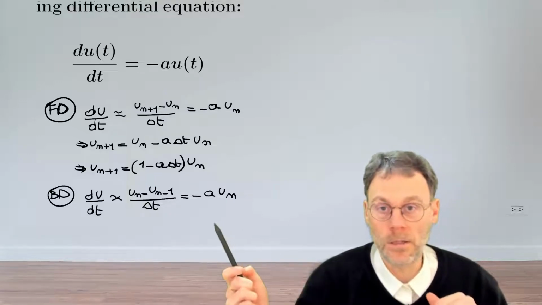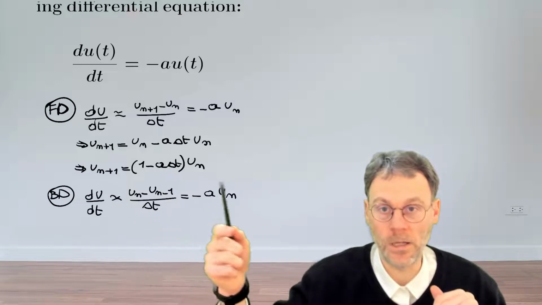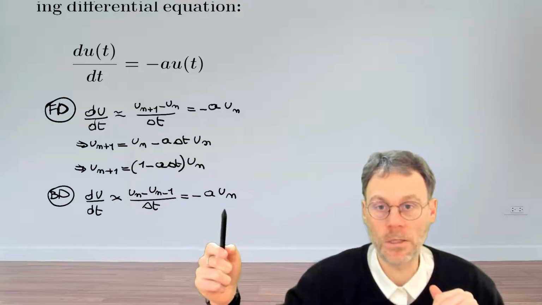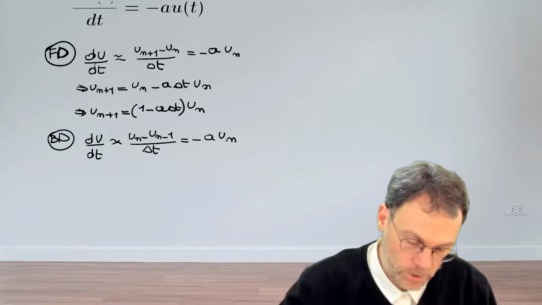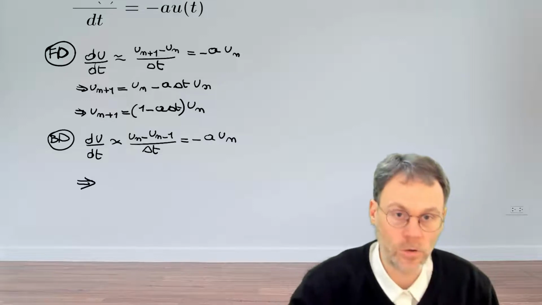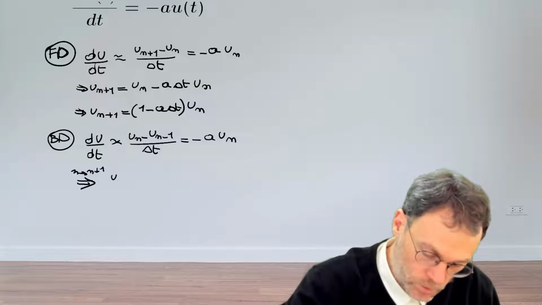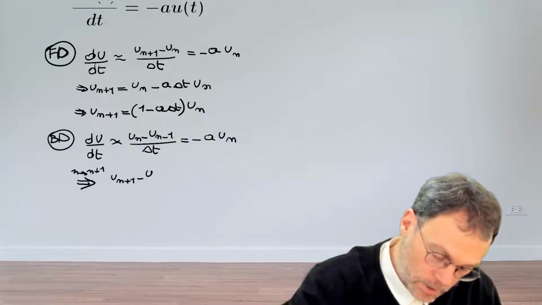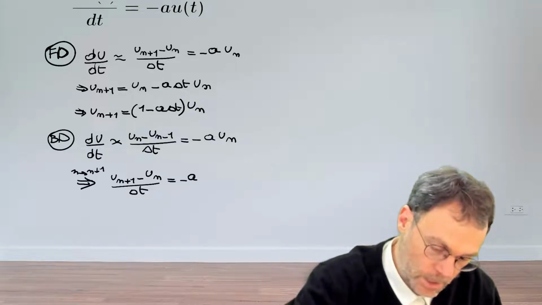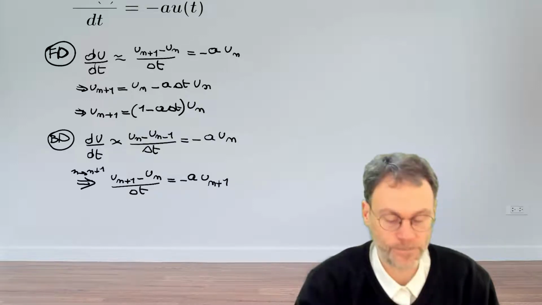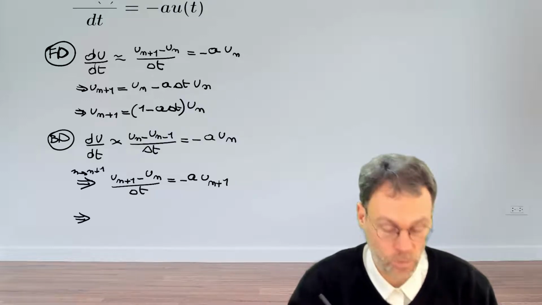Now, in order to make it a little bit easier to compare these two formulas, let's just shift the index by 1, so that in both cases we have something involving u^(n+1) and u^n. It's in essence just a cosmetic operation. So if we shift from n to n+1, we have that (u^(n+1) minus u^n) divided by delta t is minus a u^(n+1). And again, let's calculate u^(n+1) explicitly.